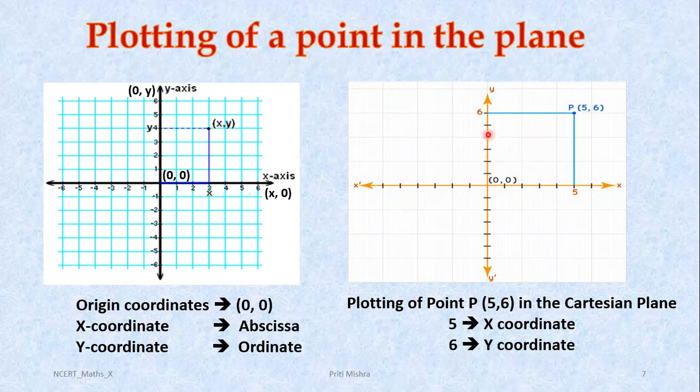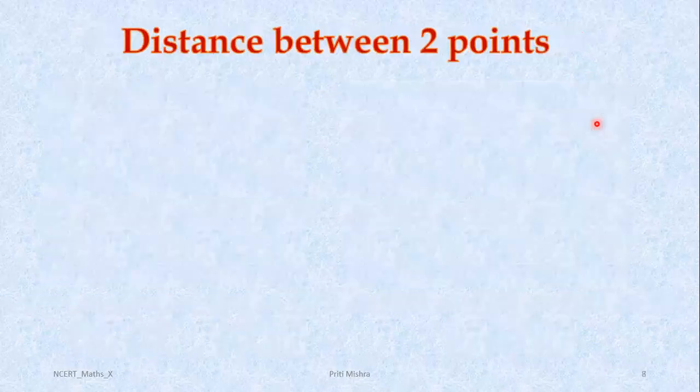Then we cover 6 units on the y-axis, and at the 6th unit, we drop a perpendicular in the horizontal direction. Where these two perpendiculars intersect each other, this is our point P(5, 6). So this is how we can plot a point on a Cartesian plane.